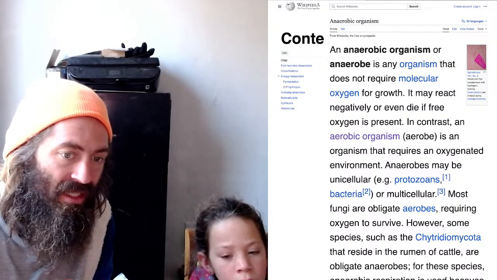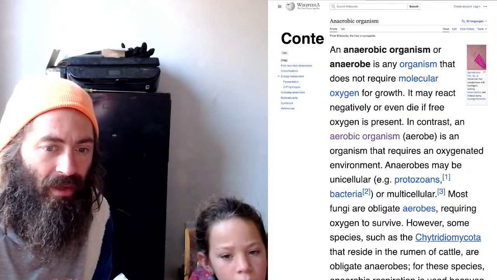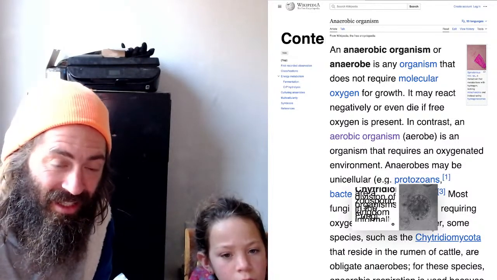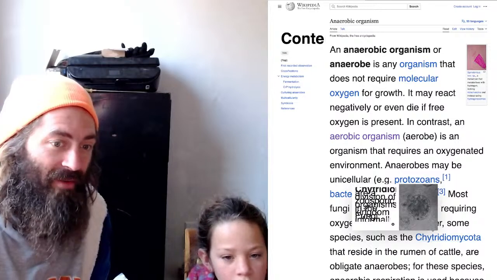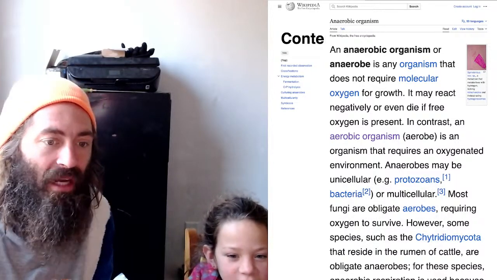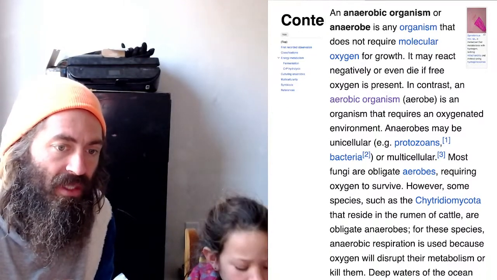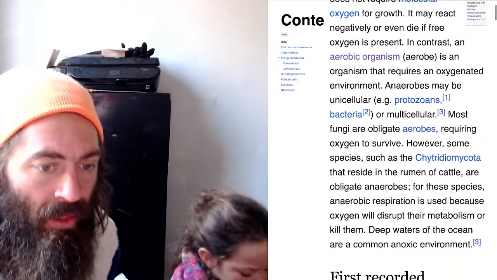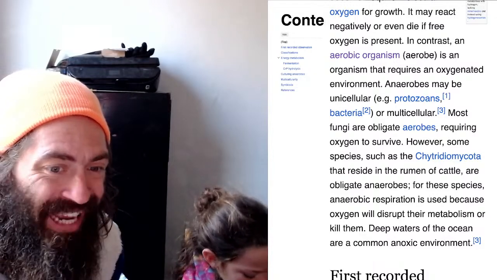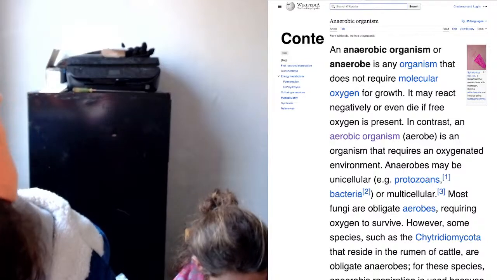However, some species, such as the Chytridiomycota that reside in the rumen of cattle, are obligate anaerobes. For this species, anaerobic respiration is used because oxygen will disrupt their metabolism and kill them. Deep waters of the ocean are a common anoxic environment. All right, so good. Anaerobic versus aerobic.